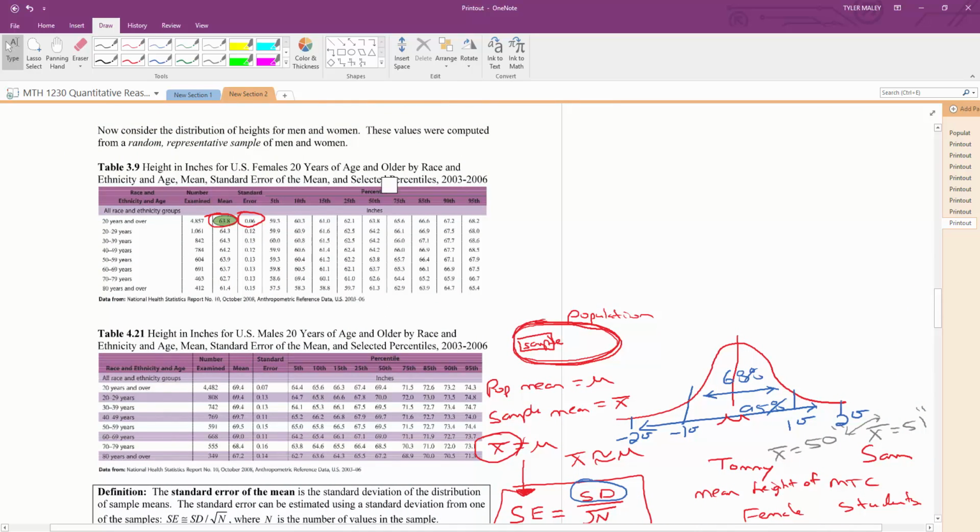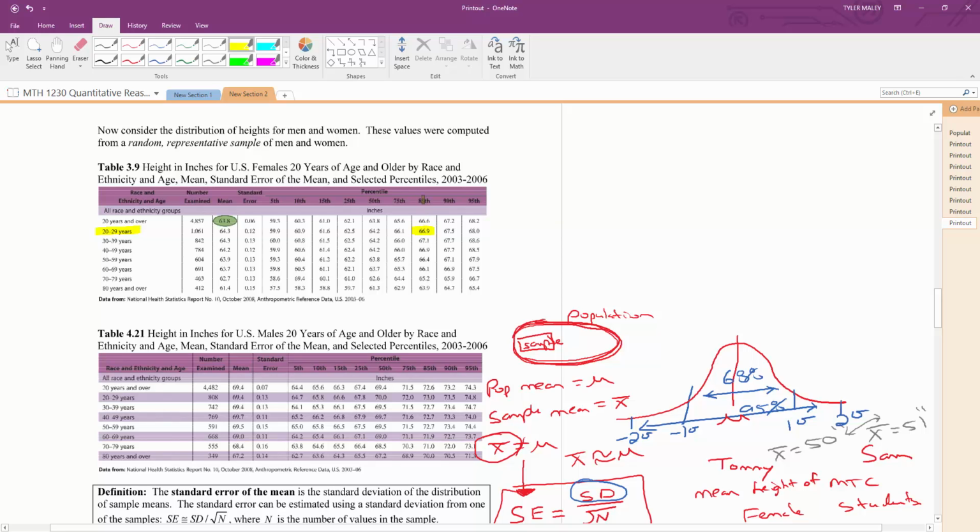Let me go ahead and erase this so we don't need this anymore. So we're looking at 20 to 29 years old. That's what was given. And we want to look for 66.9, not percent, but 66.9 inches, which is here.